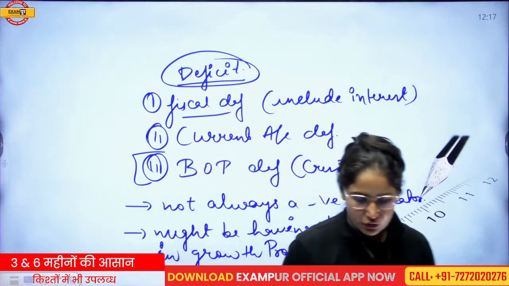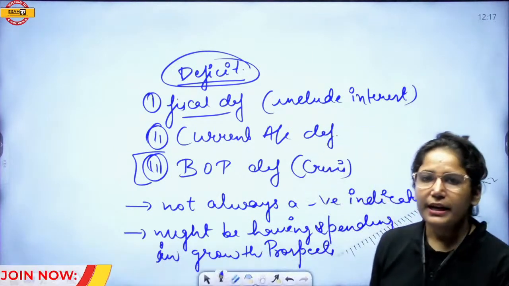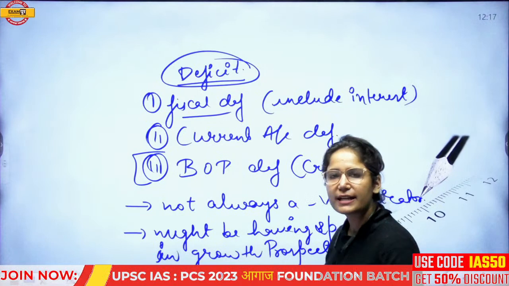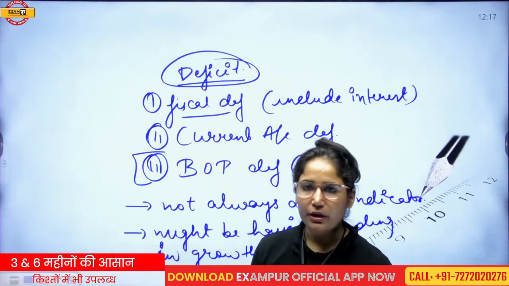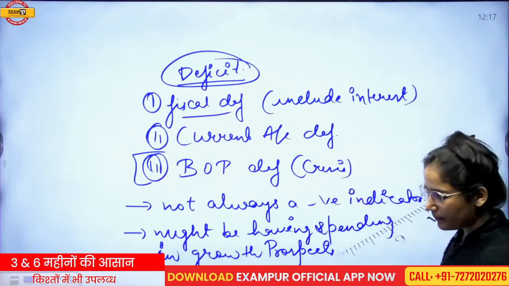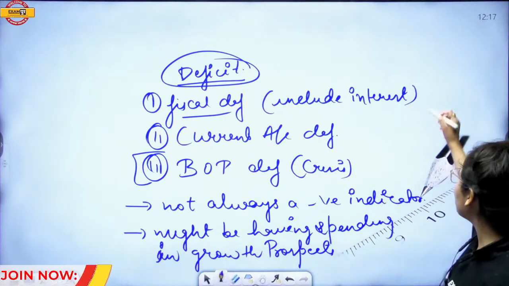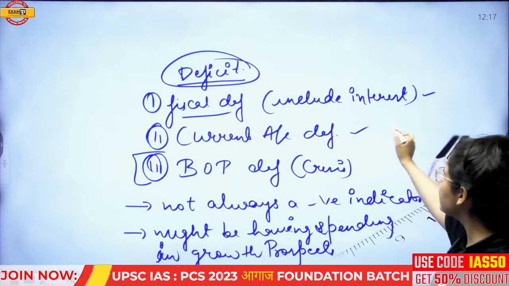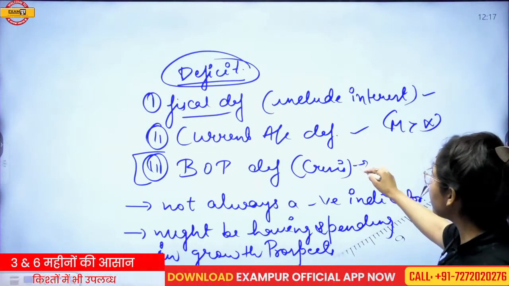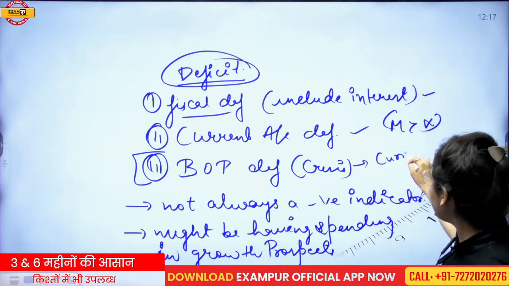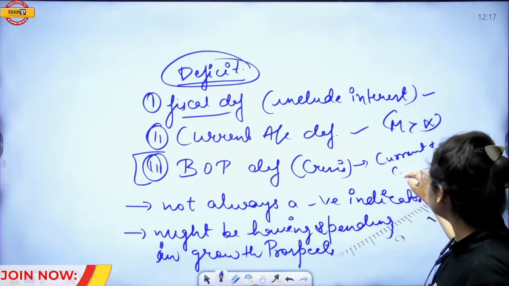Getting my point? So these are the criteria. If we are spending in the process of growth, there is nothing wrong in it. Fiscal is totally concerned with the government making spending. The current account is concerned with imports being greater than exports, and BOP is totally concerned with the current and the capital account.